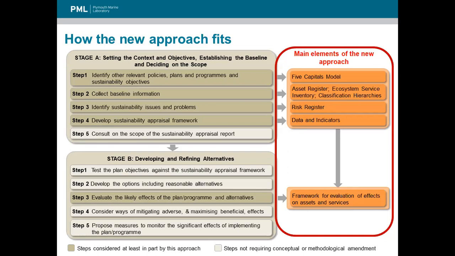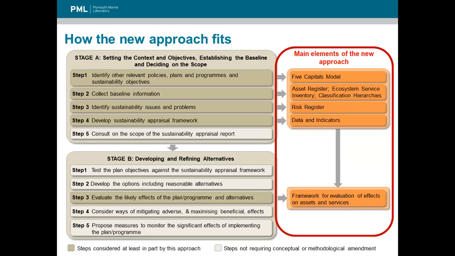But what we are proposing is using the 5 capitals model as a way to identify the sustainability appraisal, and then using an asset register, an ecosystem service inventory, and various classification hierarchies as the framing through which baseline information is collected. Then a risk register to identify sustainability issues and problems. And finally, proposing particular data and indicators which can be used to develop the sustainability appraisal, because the full sustainability appraisal framework has the objectives, but also has indicators against which progress is measured.